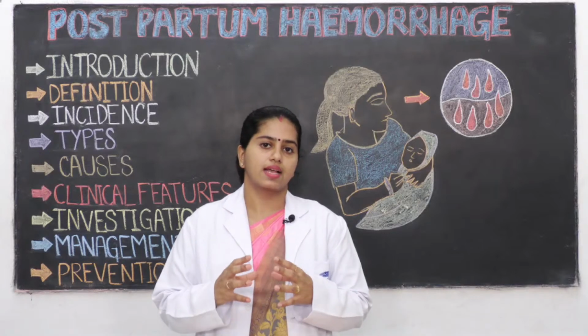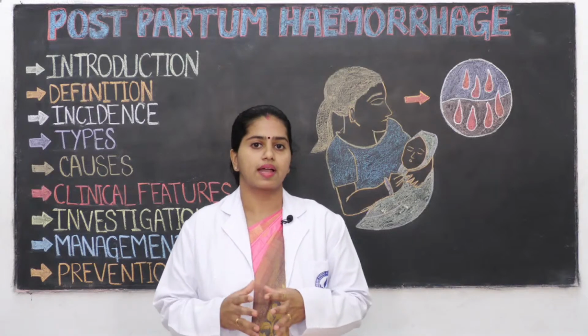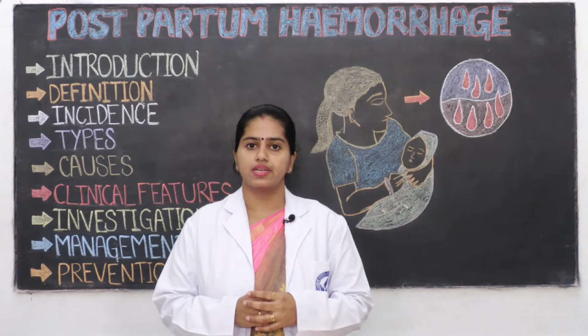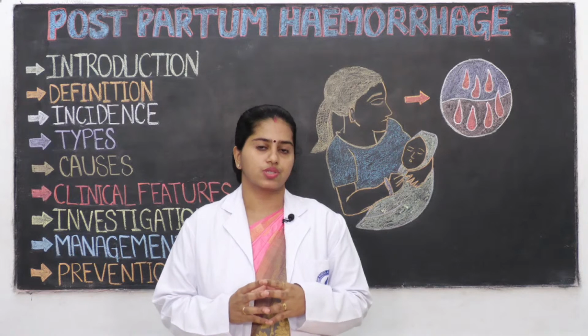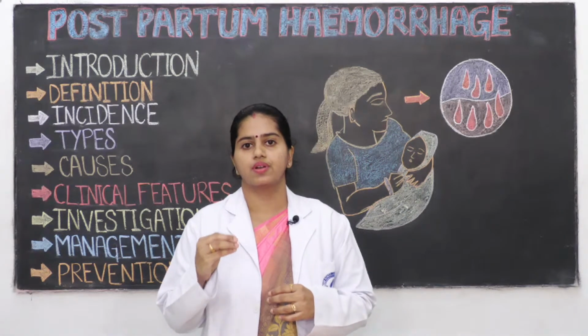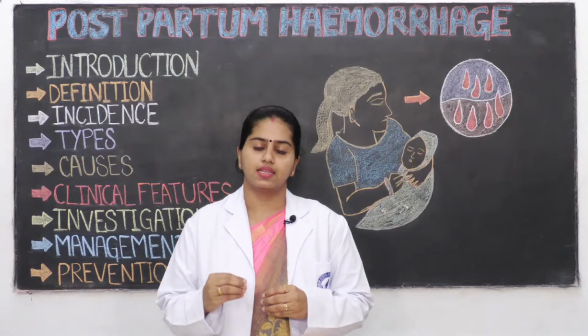Another one is, as a safe motherhood initiative, all antenatal mothers have to register, and we have to monitor using the high risk approach to find out which mothers are prone to high risk pregnancy and high risk labor.